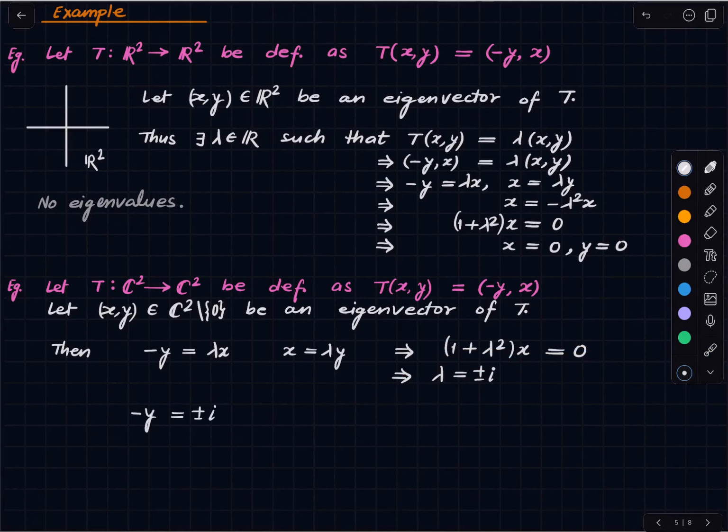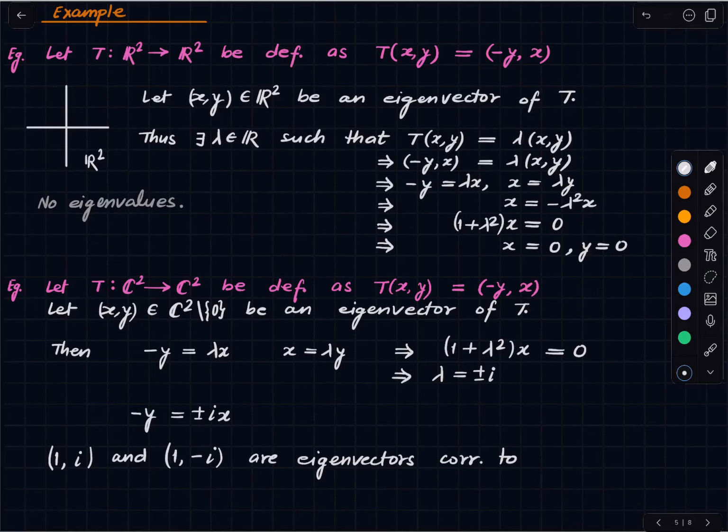Fine. Now you can easily verify that, well, so what we have is minus y is plus minus i x, and you can easily check that (1, i) and (1, minus i) are eigenvectors corresponding to, I think it will flip.